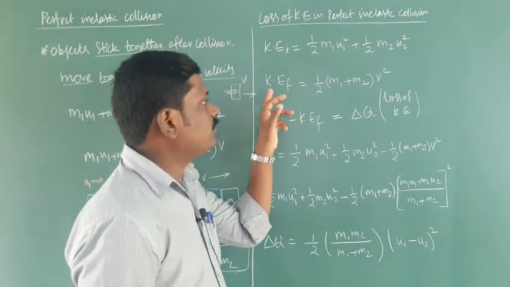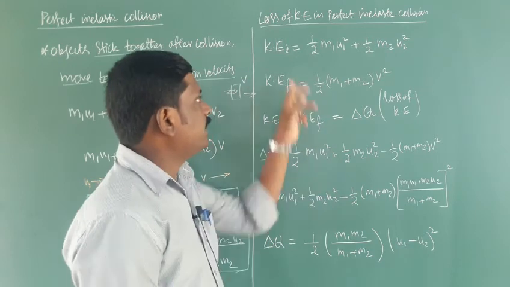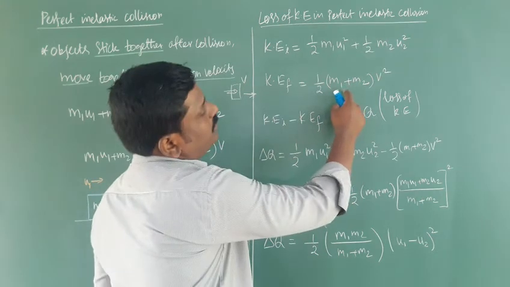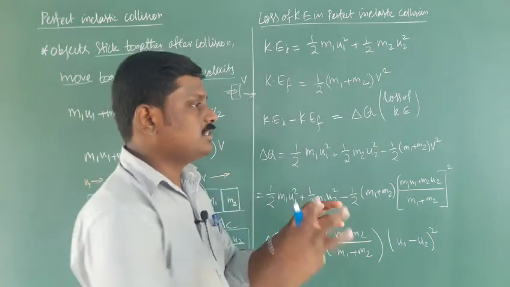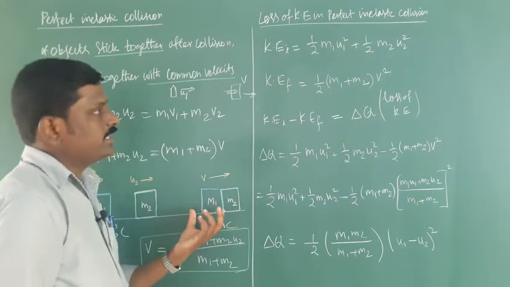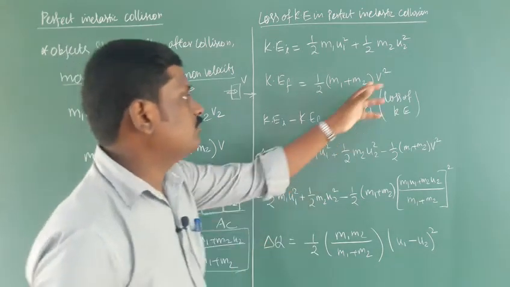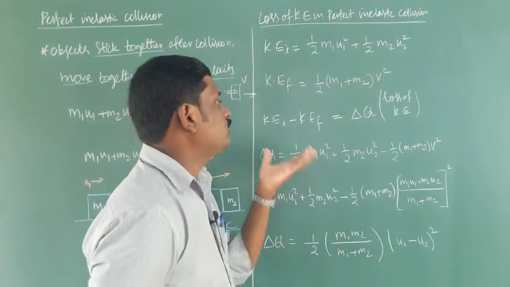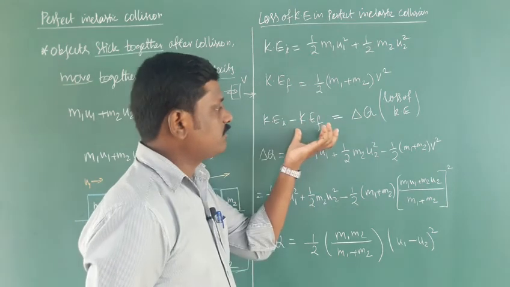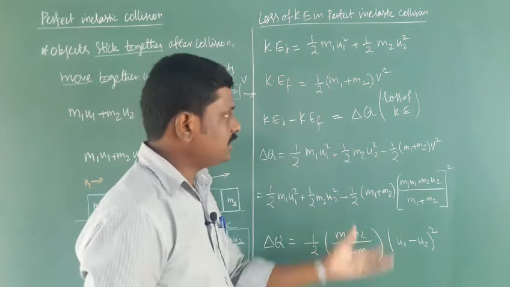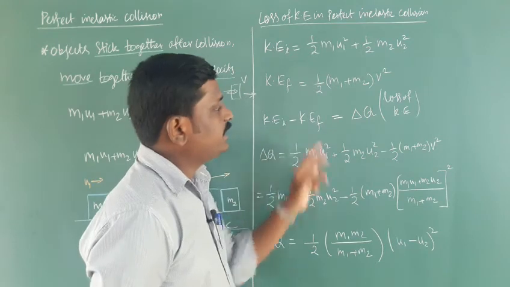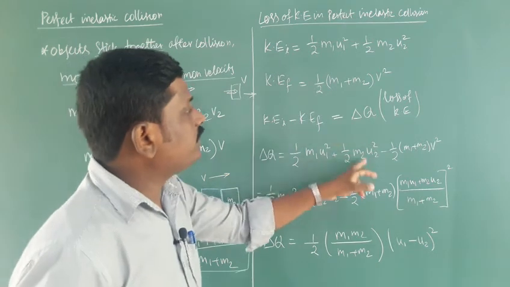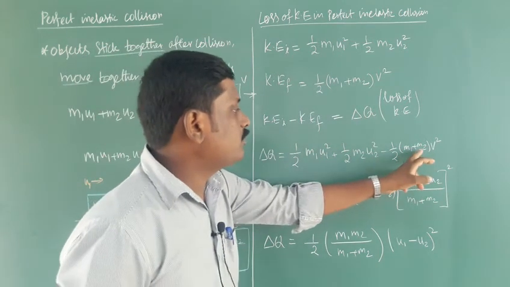Kinetic energy after collision is half m1 plus m2 times v square, because after collision they move with a common velocity v. The loss would be kinetic energy before collision minus after collision, so initial minus final is equal to delta q. Substituting, half m1 u1 square plus half m2 u2 square minus half m1 plus m2 v square.